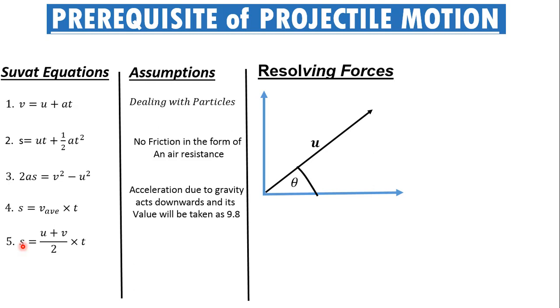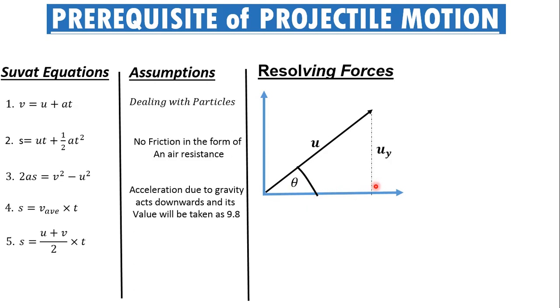If I drop the perpendicular from this point over here, we have a right angle triangle. See students, this side, opposite to theta, is the perpendicular. Here we have the 90 degrees angle, so this side should be the hypotenuse and this side is the adjacent side, or what we call the base. Students, there are two components of this u.